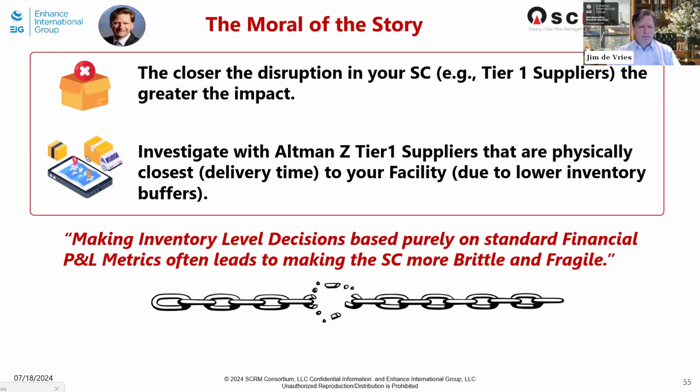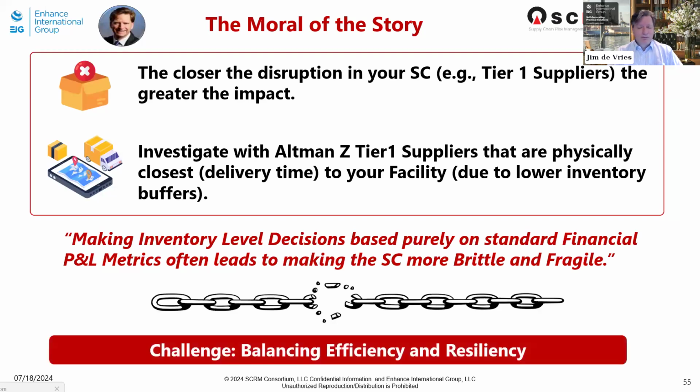So if you're just a purist and you're looking at the P&L, you may miss all of this, and companies often do. So making inventory level decisions based purely on standard financial P&L metrics often leads to making the supply chain actually more brittle and fragile. So we see this all the time, Greg and I, for the last 20 years. We see companies making this mistake.